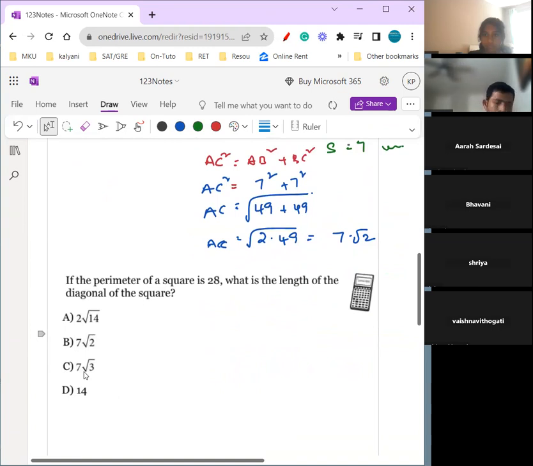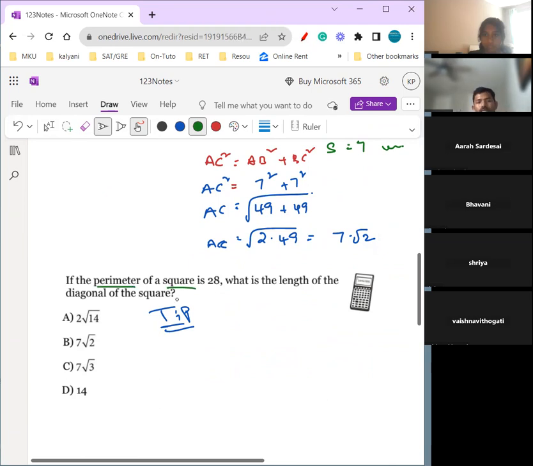Okay, so let's see. The technique for this problem is, first of all, you look at the square where the perimeter is given. You know the formula for the perimeter is 4 times the side, so you divide this by 4. 28 divided by 4, that's 7. Are you following with me?